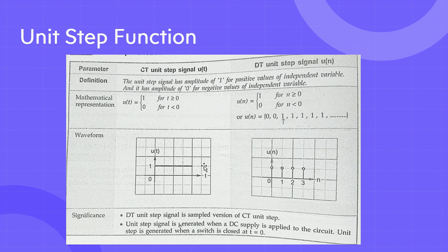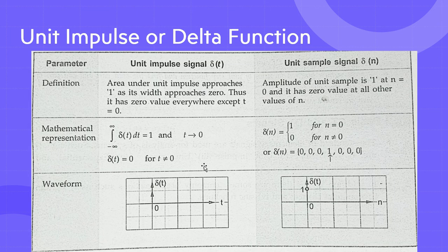Now let's come to another interesting function, the unit impulse or delta function. This function is called differently for continuous time and discrete time. In continuous time we call it the unit impulse signal, and in discrete time we call it the unit sample signal.